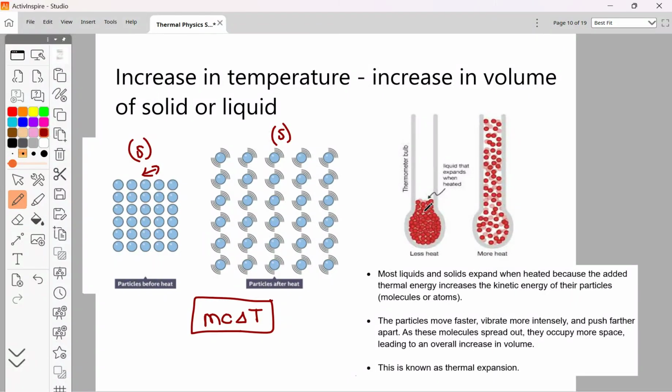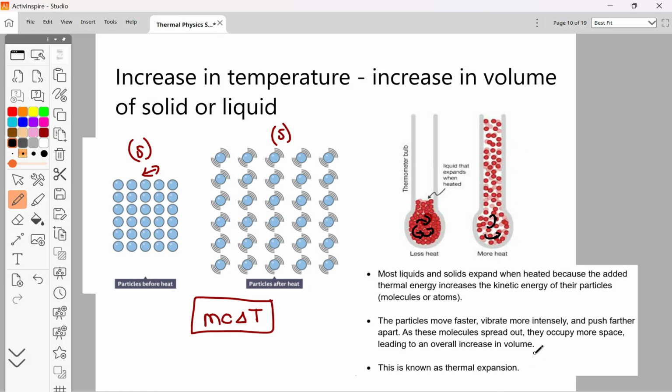In a liquid as well, in the cold liquid, they are rolling over each other. They are also rolling over each other when hot, but because they are moving faster, they will again push away more from each other. They're vibrating more, they're rotating more, all the movement is more. And that's why they are expanding in the liquid.